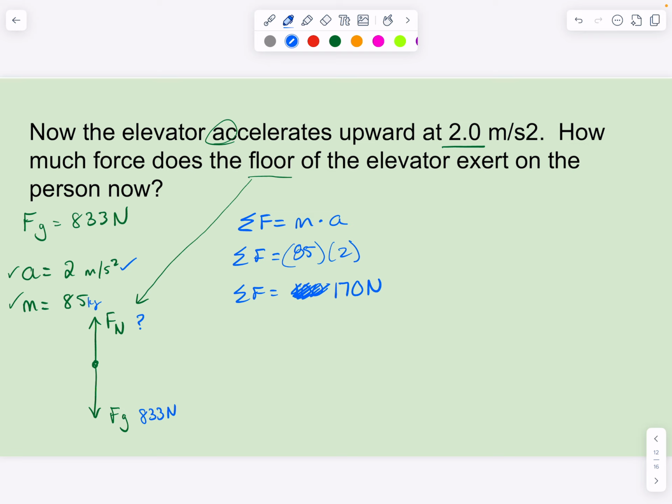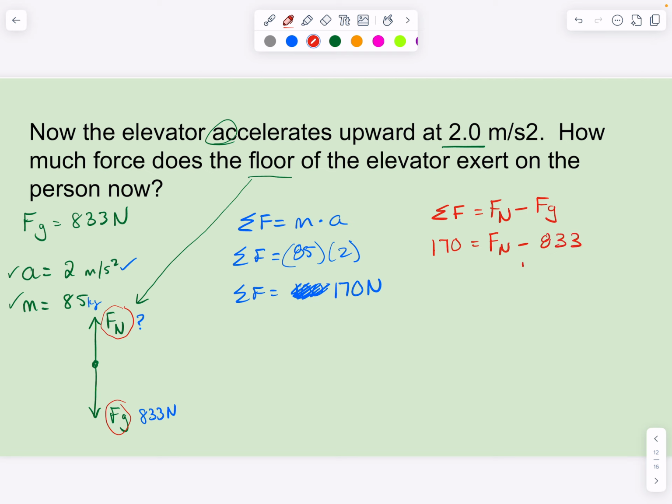So now we'll use that information to say, well, our basic equation to find net force is finding the sum of the components. And so the net force is equal to, in this case, positive Fn, our normal force, minus our Fg. So our net force of 170 equals the normal force, which we don't know yet, minus 833.